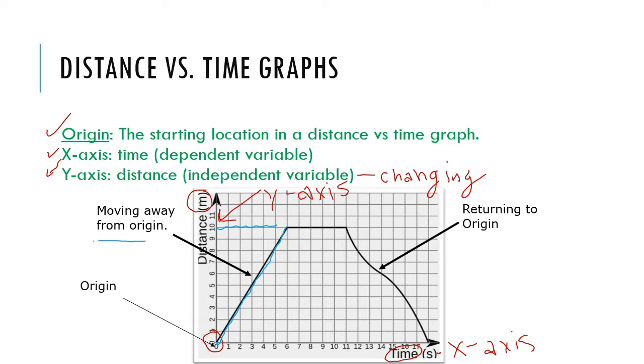Then for the next about 5 or 6 seconds, what's happening in this area? Right, that's right. No motion, right? It's not moving, it's staying put. Then you notice that we're actually returning back to our origin. So we're going back to where we started. And that's why we curve back down.